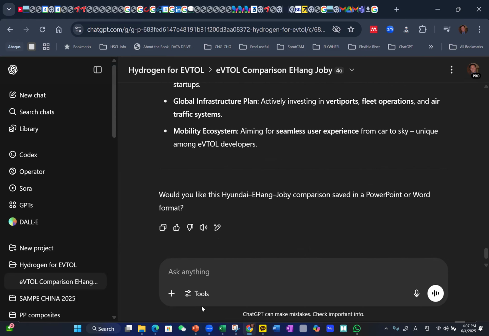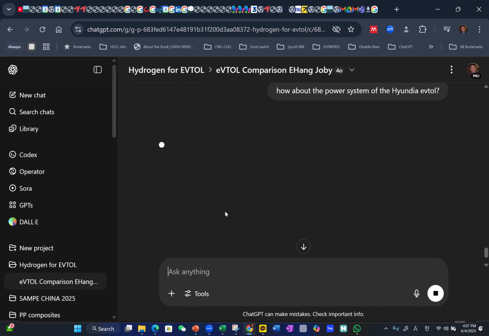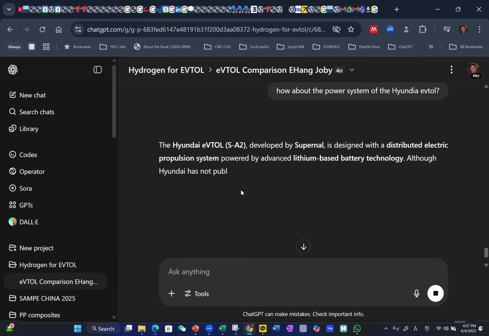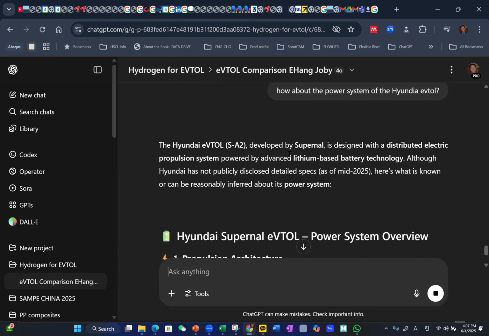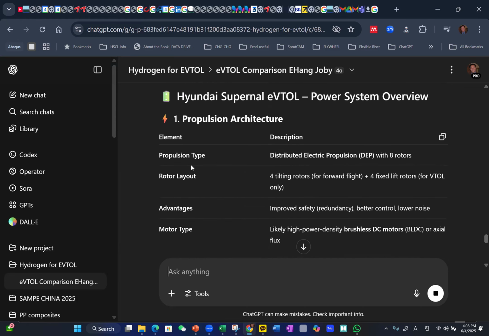Actually, I'd like to emphasize, how about the power system of the Hyundai eVTOL? Now, Supernal, or Hyundai, is designed with a distributed electric propulsion system.